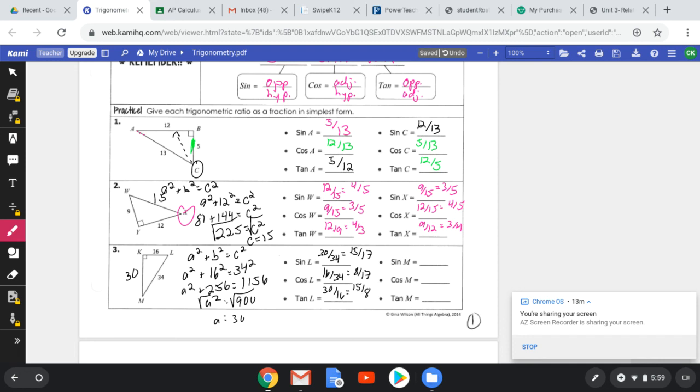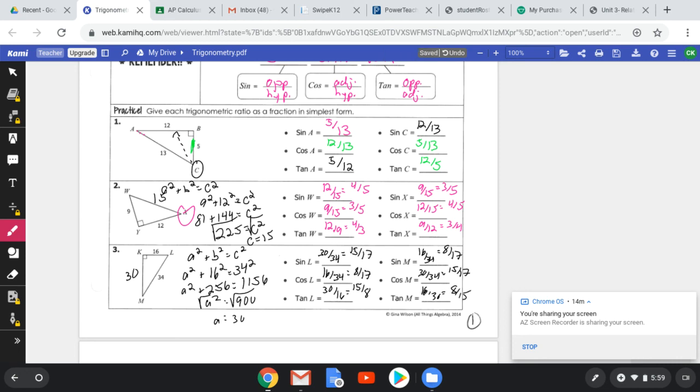And do the same thing for the M angle. Sine of M is 16 over 34. Cosine of M would be 30 over 34, which is 15 over 17. And then tangent of M would be 16 over 30, which gives me 8/15.